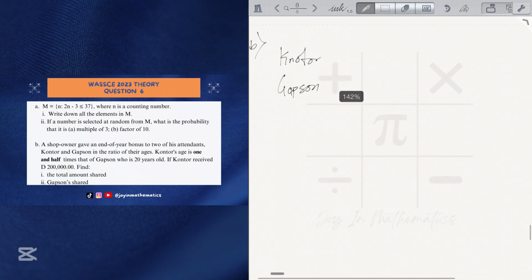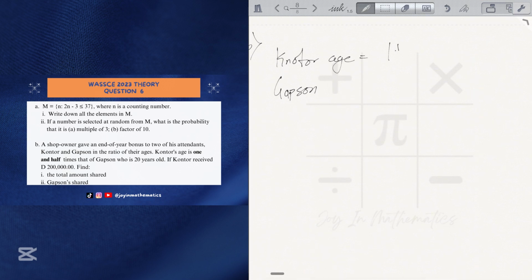Now, Nontour's age is 1.5 times that of Gapson. Now Gapson is 20 years old, so we can find Nontour's age. So we have Gapson's age is equal to 20 years old.